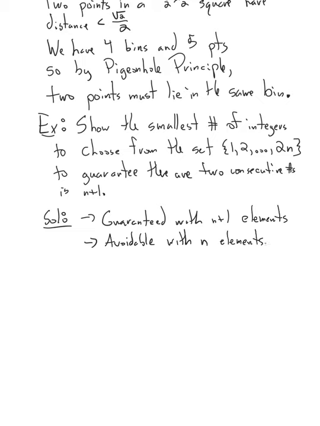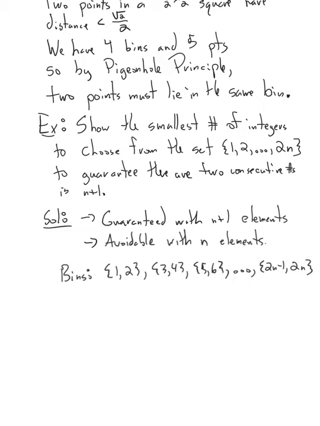So let's do the first bit. This is going to be a pigeonhole principle. So what are our bins going to be? Our bins are going to be these consecutive numbers: 1, 2, 3, 4, 5, 6, all the way up to 2n minus 1, 2n.